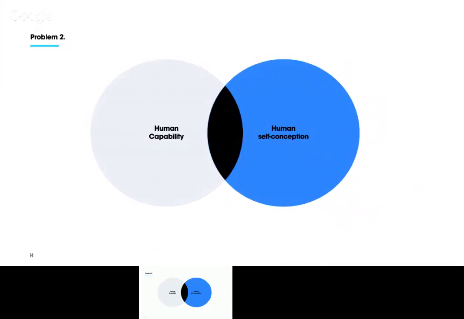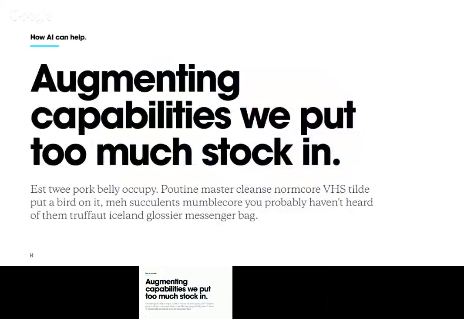And this is something that has not been talked about a ton with relation to interaction design and AI, because these are things where a machine makes a suggestion and you're just like, so what? Like, that was stupid. I didn't need a suggestion for that. But that actually suggests a different mode of having to design for that interaction, right? And so we're going to get into some examples. These are obviously augmented capabilities that we put too much stock in, right?